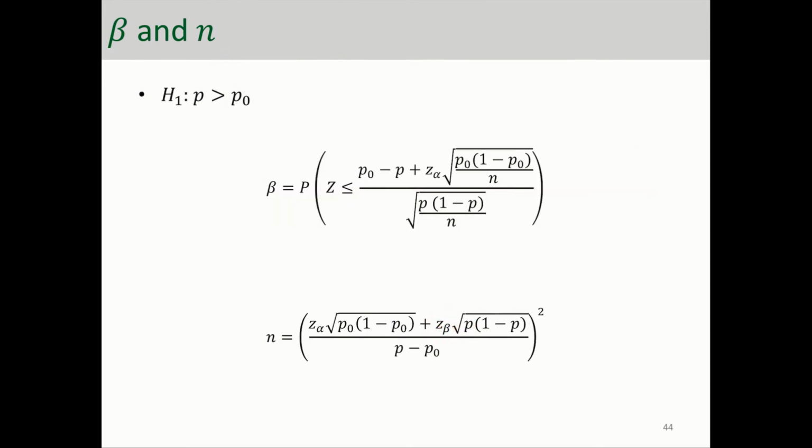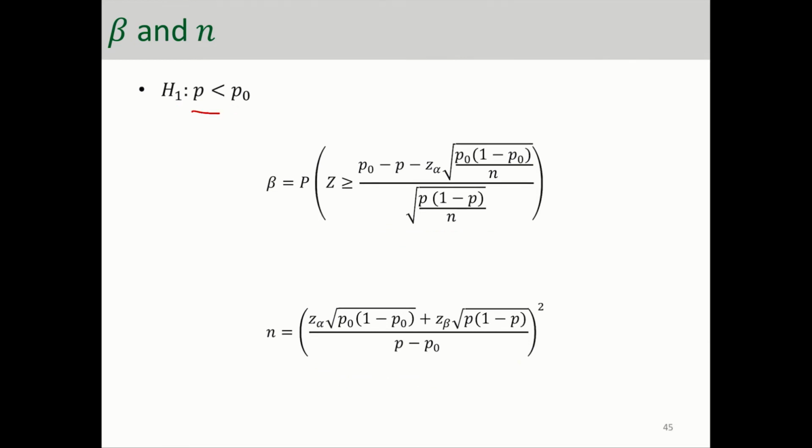And then for a one-sided test of greater than, this is how you calculate. Again, it is a function of the same parameters. And for an alternative hypothesis one-sided of type less than, this is how you calculate beta and n, probability of type 2 error and sample size.